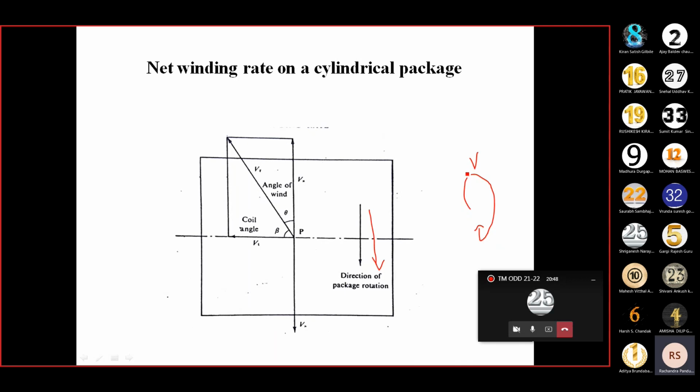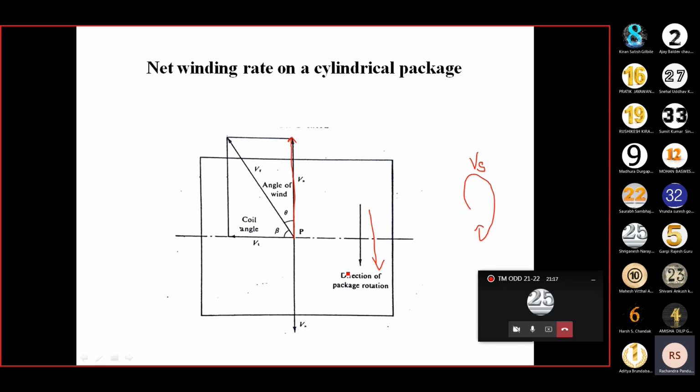So we can say that the velocity is Vs, the surface velocity of the package. It's revolving, so that velocity is Vs. The same thing we have taken here in terms of vector Vs.